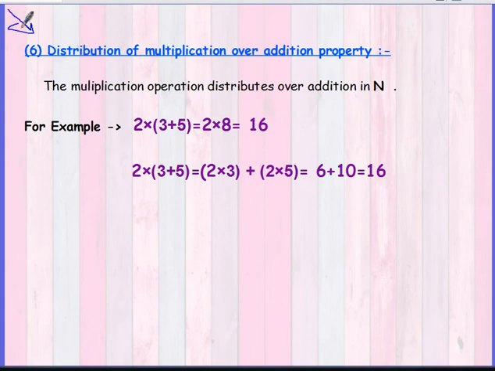Distribution of multiplication over addition property. The multiplication operation distributes over addition in N. As in the example, 2 times (3 plus 5) equals 2 times 8 equals 16.